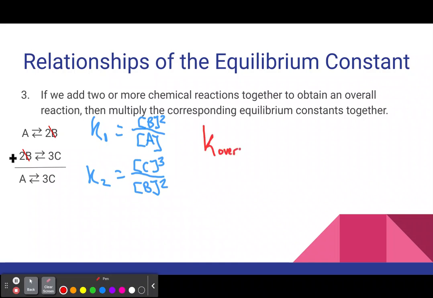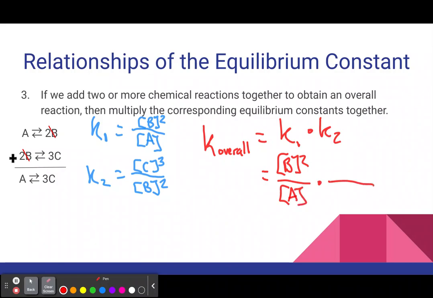And now when I want to get my K overall, what I'm going to do, guys, is I'm going to multiply K1 times K2. So when I do that, I'm going to have the concentration of B squared over the concentration of A times the concentration of C cubed over B squared. You'll notice that the concentrations of B squared cancel each other out.